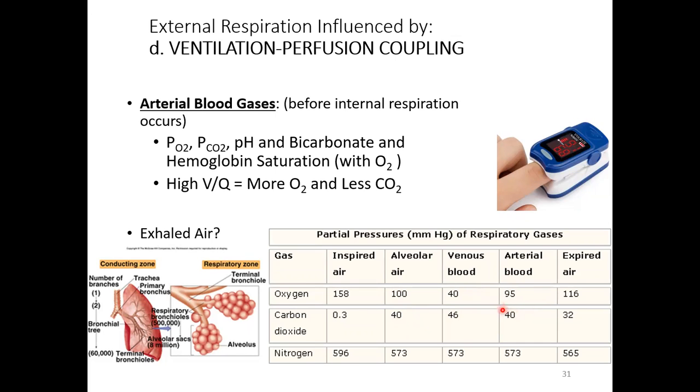Okay, and CO2 has decreased again back down to what we see. It matches the alveolar air. Remember, it is very soluble. And so when we use this fancy tool here, generally we see that our blood is almost entirely saturated with oxygen, right?